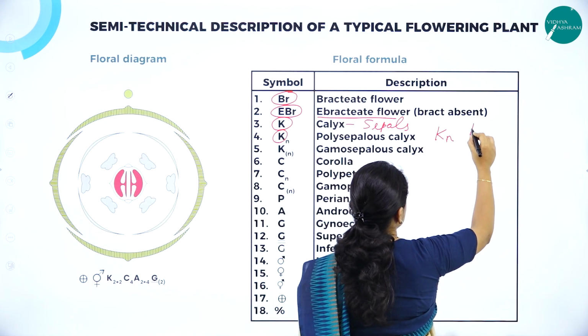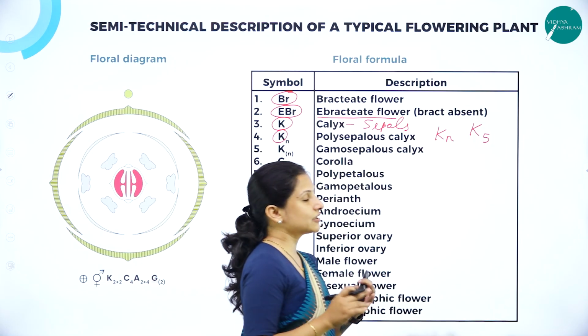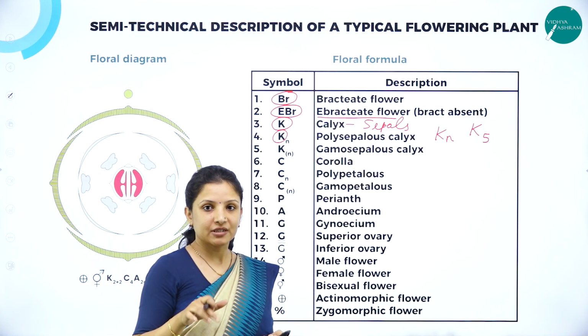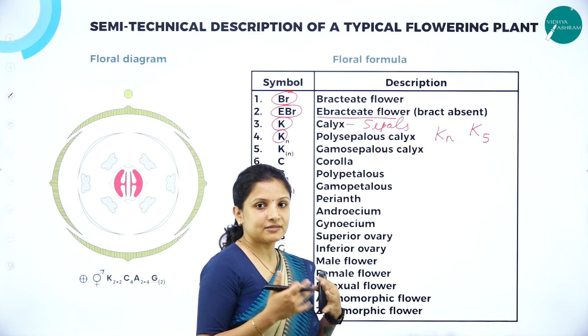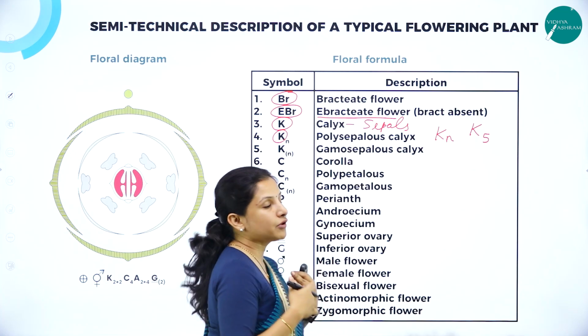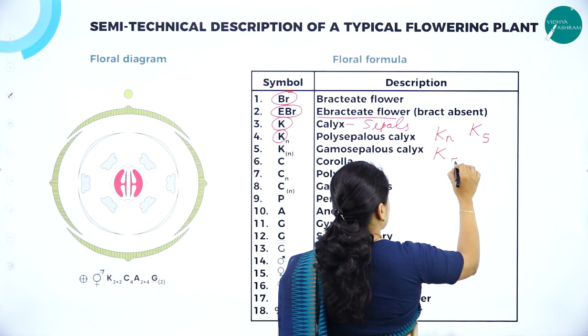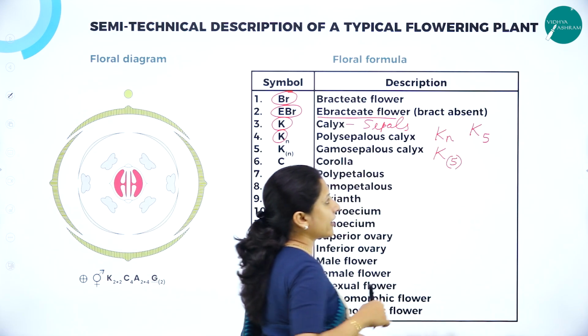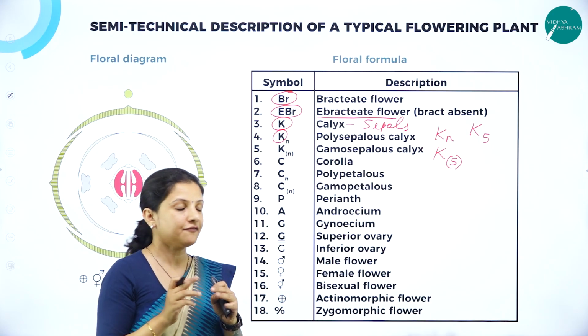So we write calyx as K. How many are there? 5. I have written it as K with subscript 5. Why? Because it is polysepalous, the sepals are free. Now if the sepals were fused, again we write K and then we write 5 within a bracket, meaning that the sepals are fused.